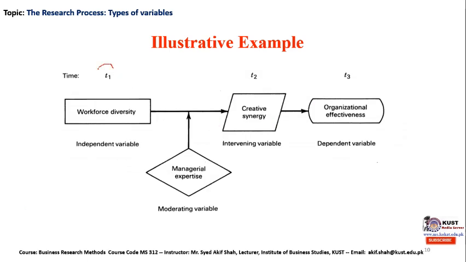So we can say that at time 1, when the independent variable, workforce diversity, was present in the organization, it was influencing organizational effectiveness only if the manager is expert enough. So managerial expertise is the moderating variable, which is strengthening the relationship between the dependent and independent variable.